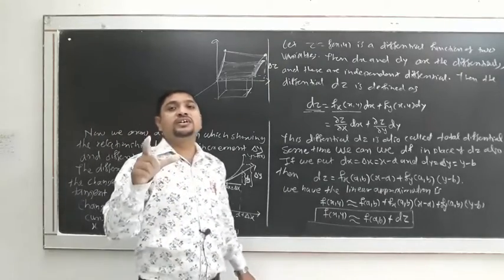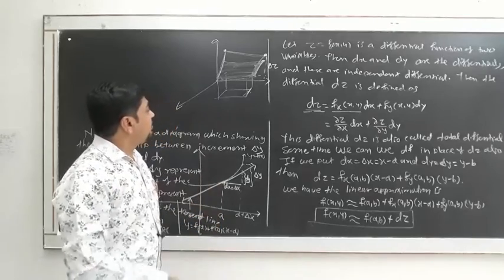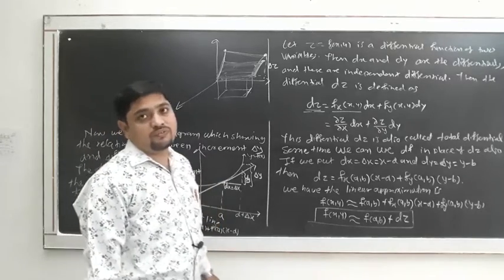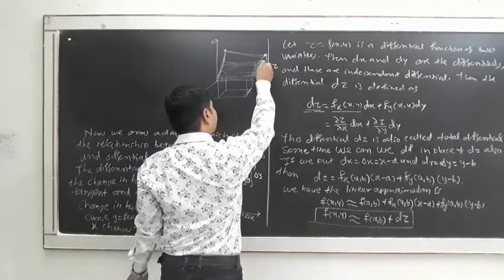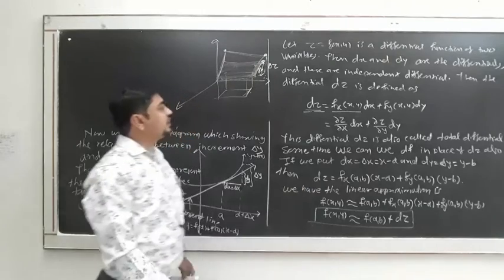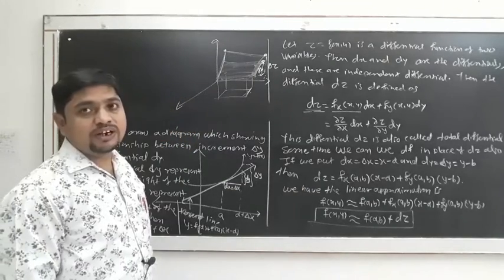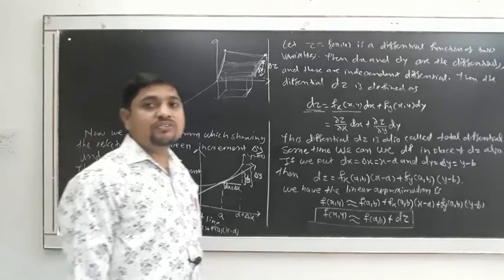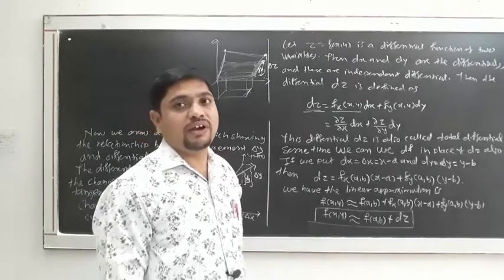The change in height of the surface. And this is the differential dz, which represents the change in height of the tangent plane when x changes to x plus delta x and y changes to y plus delta y.